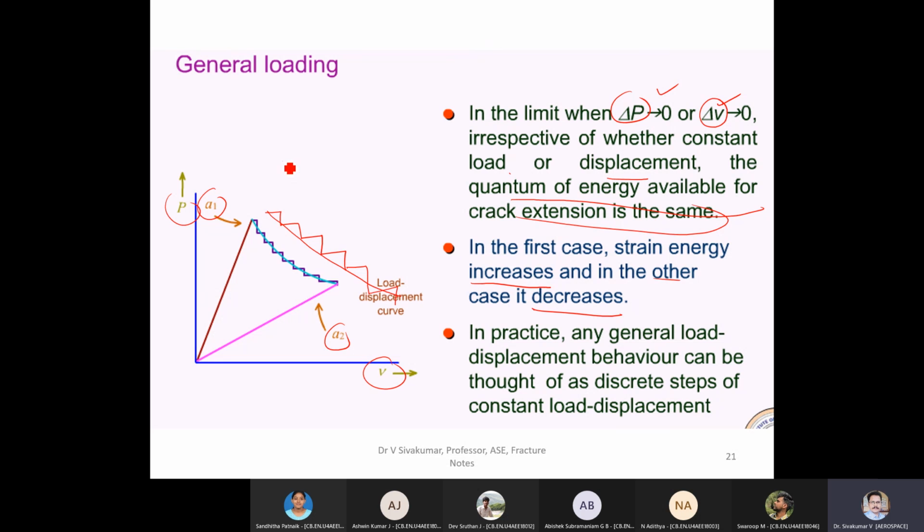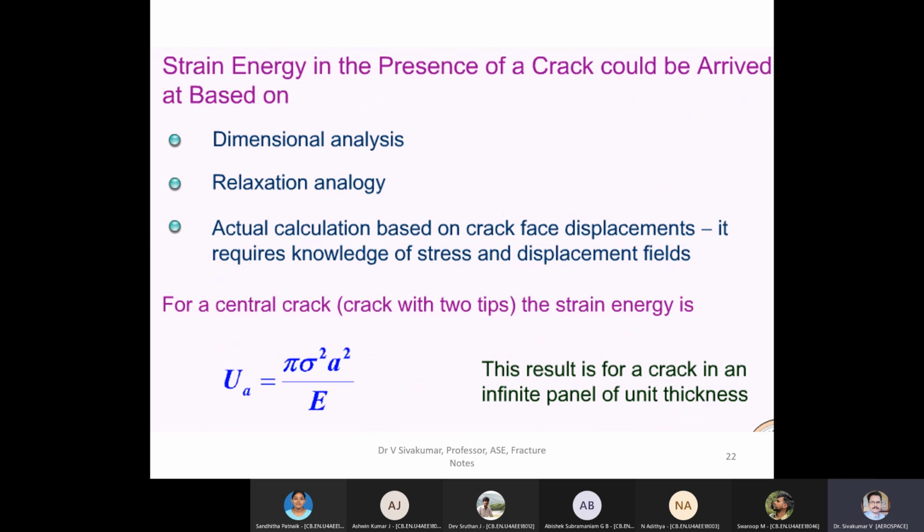In one case it is increasing, in another case it is decreasing, because both happen in any crack. So in practice, any general load displacement behavior can be thought of as discrete steps of constant load and displacement.